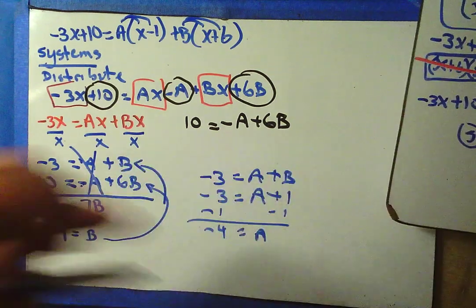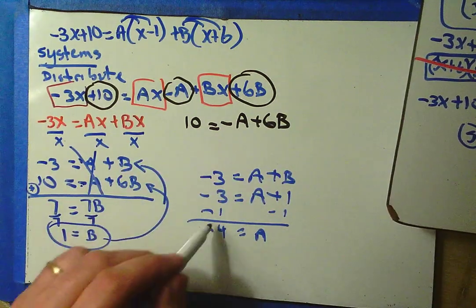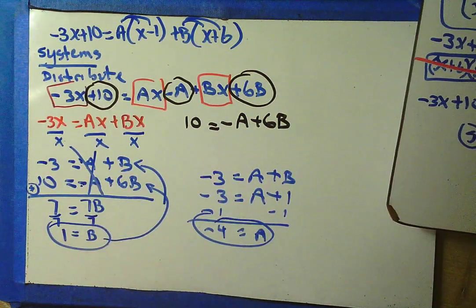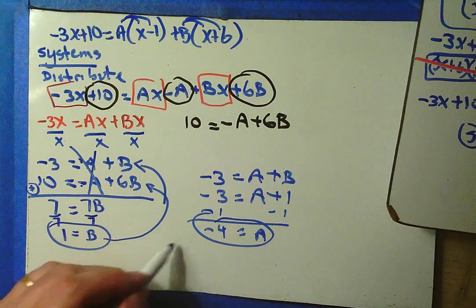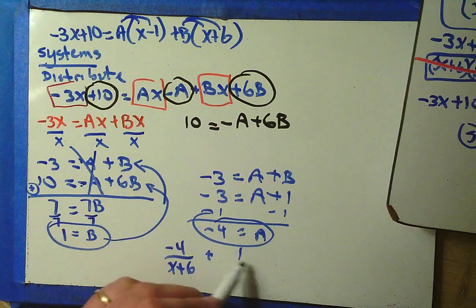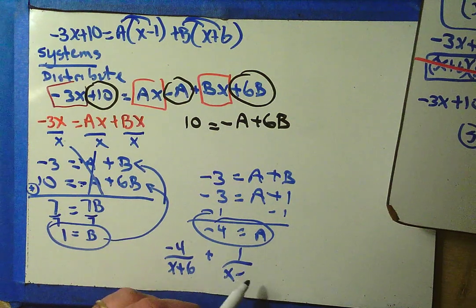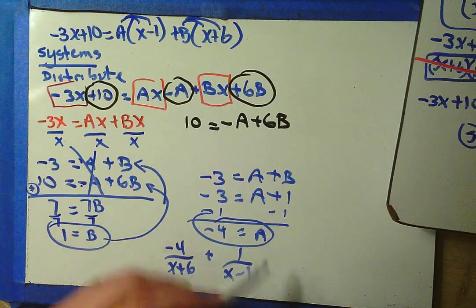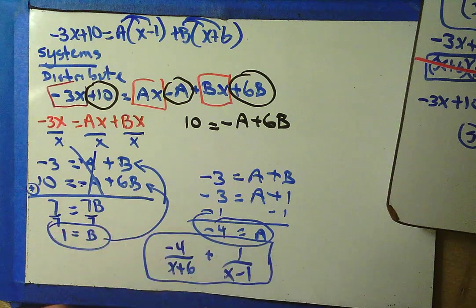Well, we've now found our b and our a, and we're not done until we write negative 4 over x plus 6 plus 1 over x minus 1. And look, we got back to where we started our original problem.